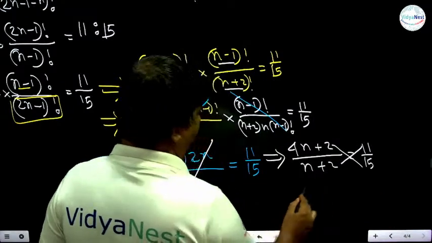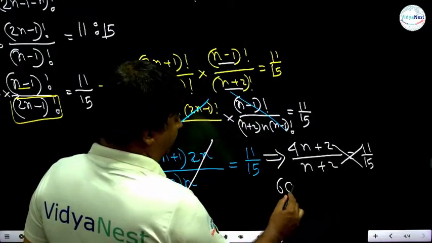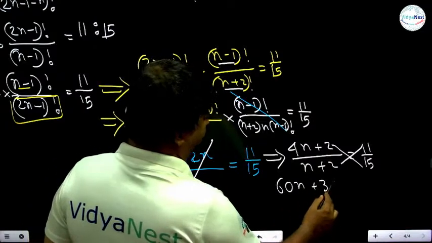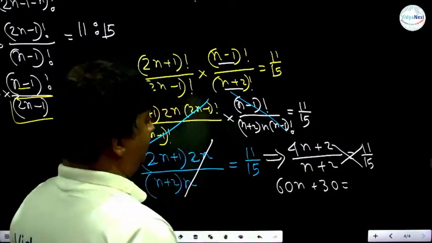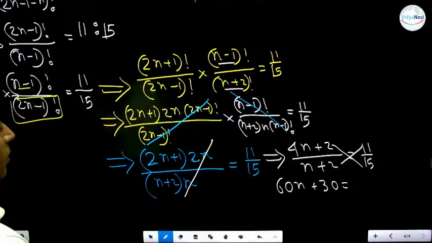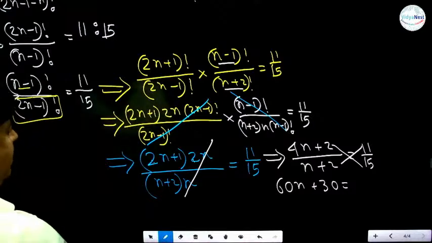Cross multiply. And in this type of sum, be careful with your calculation. If any mistake takes place, then you will get freaked.